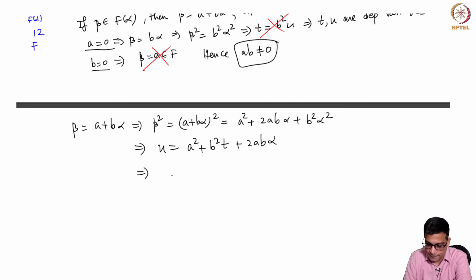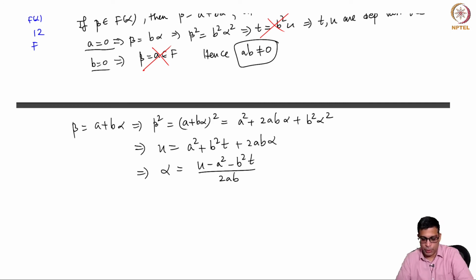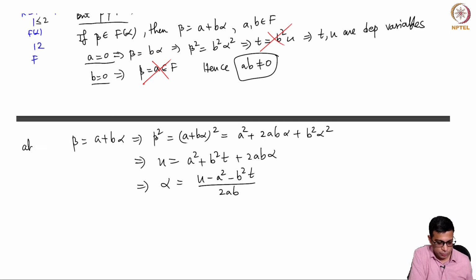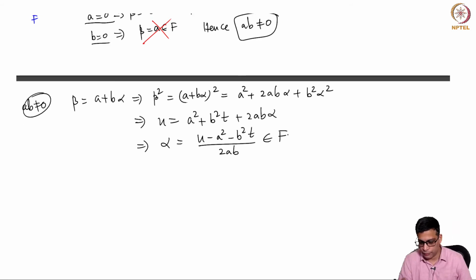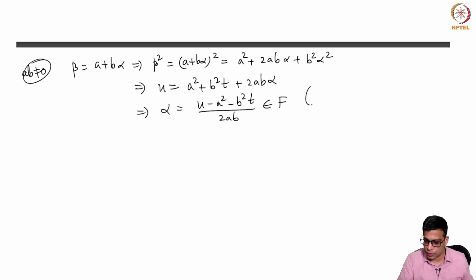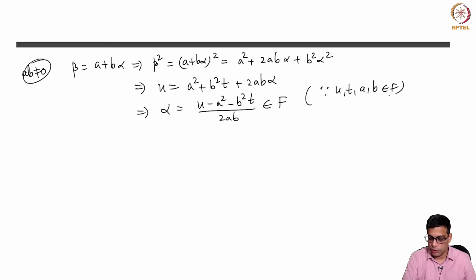But that means alpha equals (u minus a squared minus b squared t) divided by 2ab, because ab is non-zero, which we have established. This is a valid element of the field F, because u, a, b, t are all in F.